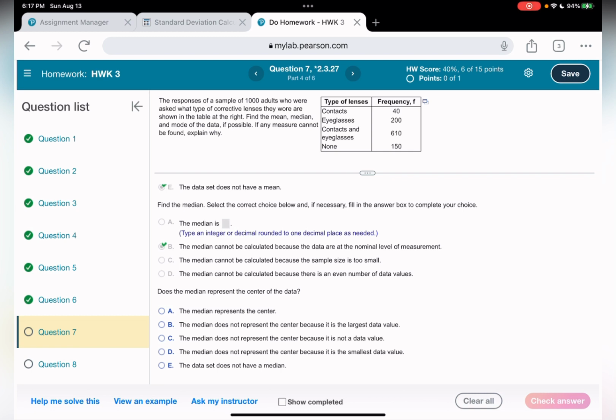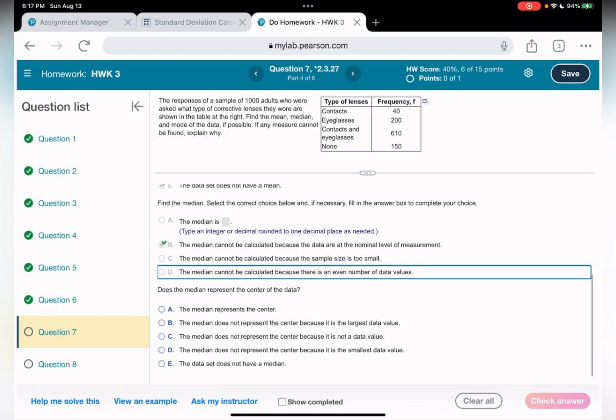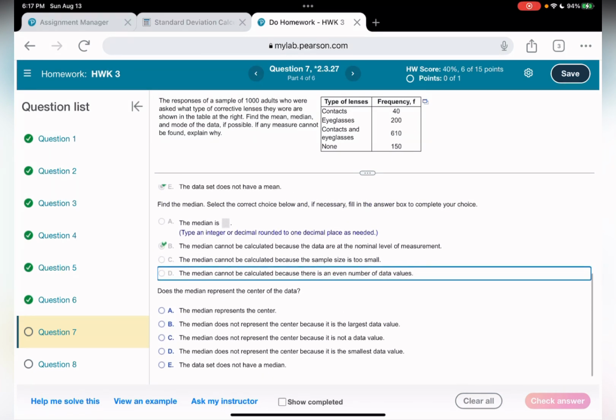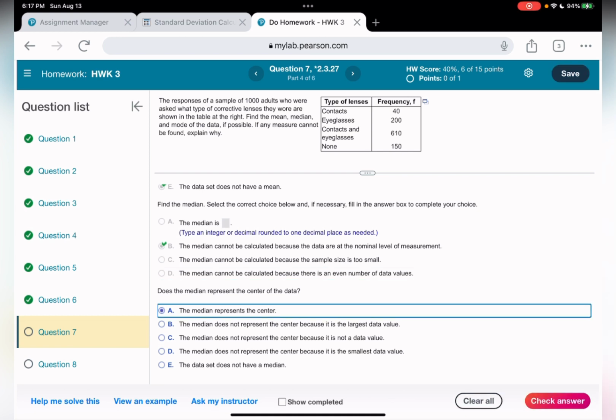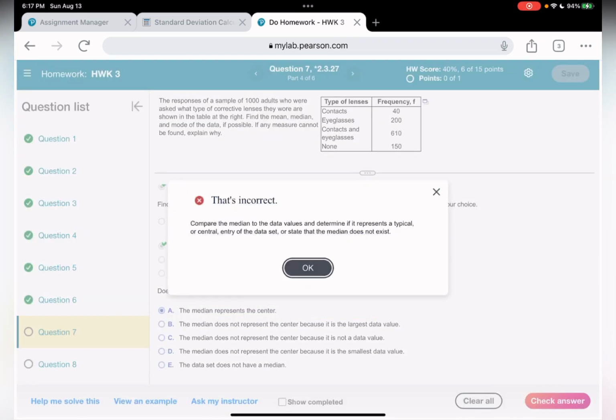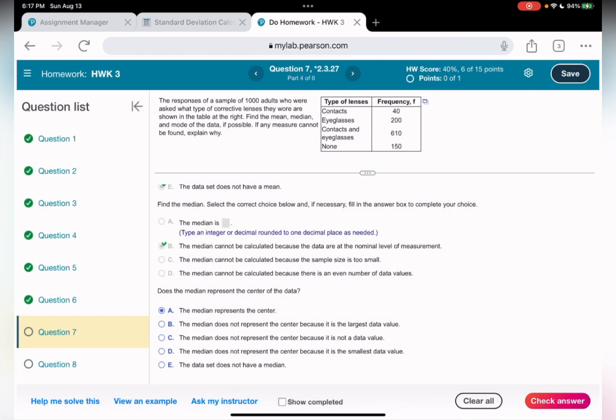And lastly, does the median represent the center of the data? I would say yes, because if I understand correctly, it's generally asking... Well, let's see. No. Okay. Well, in this case, it's going to be the same. Let's read.